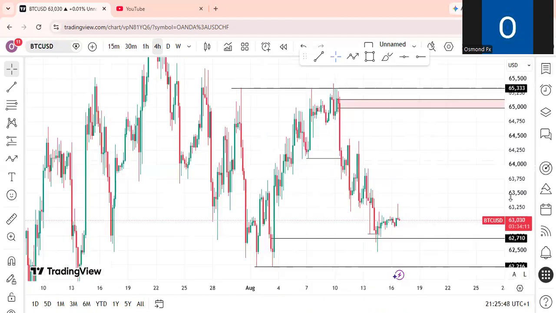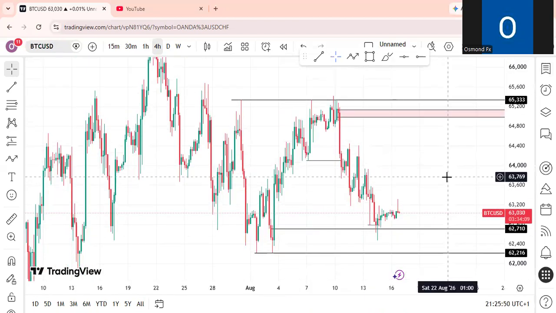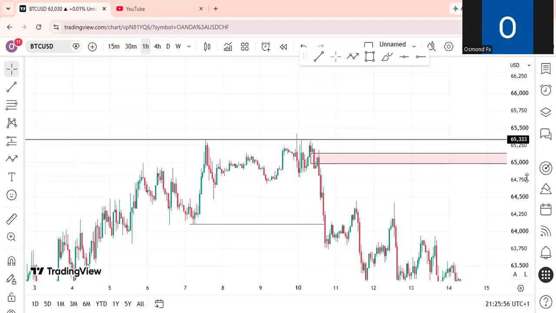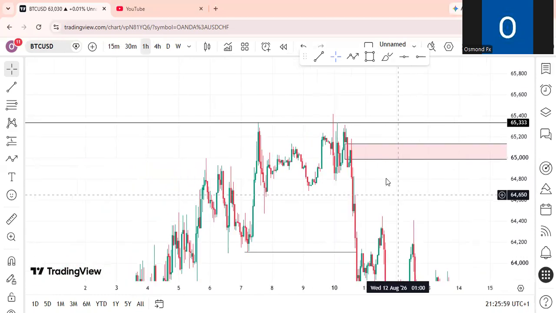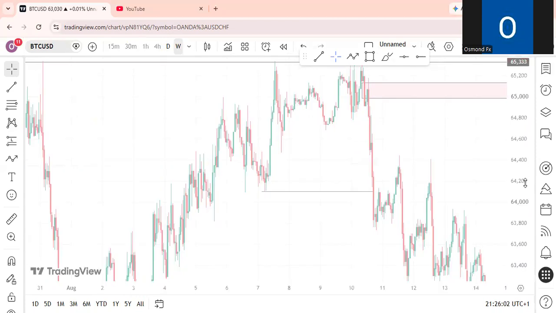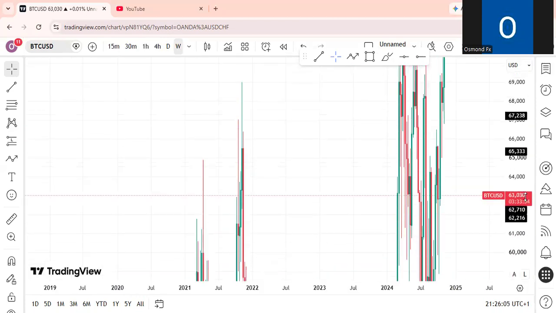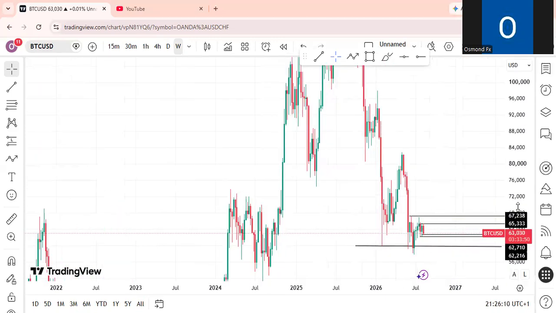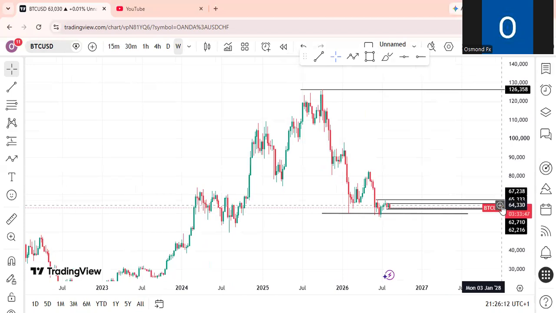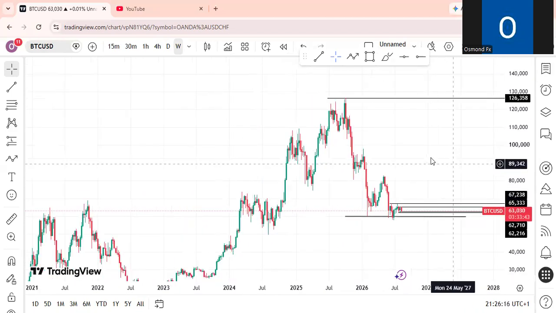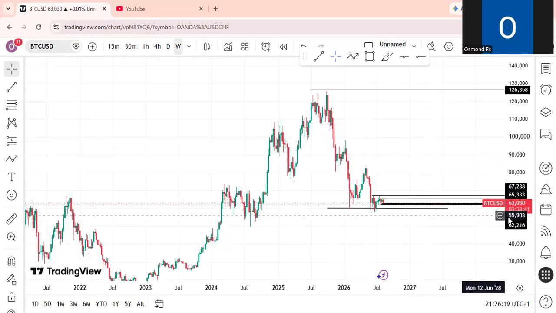So guys, coming to BTC USD. If you join my live trading analysis last week, you will know that, first of all, let me start from the weekly time frame so that we can see what is going on with BTC. Looking at BTC, this is a weekly time frame. This is a no-brainer trade.